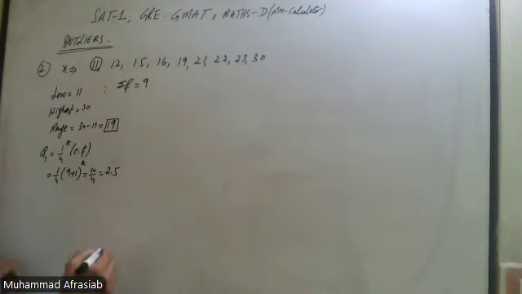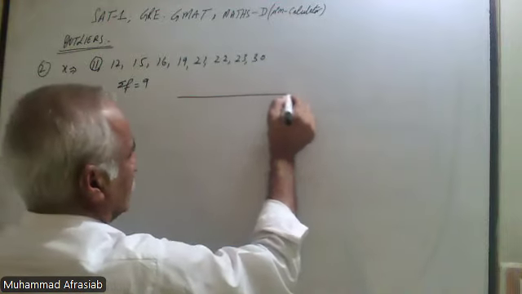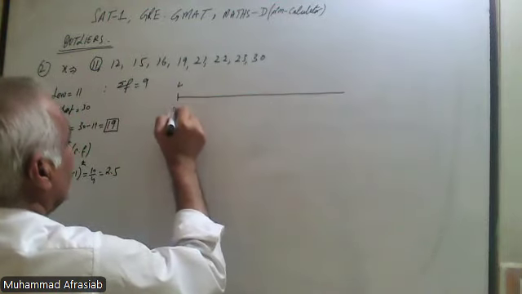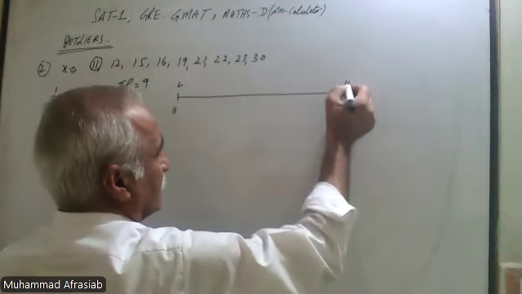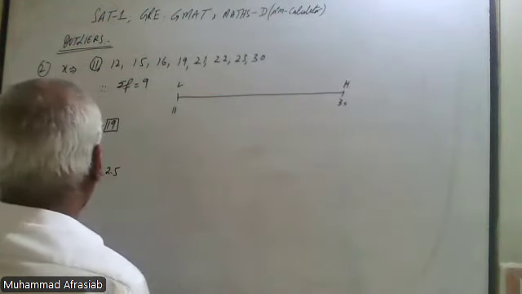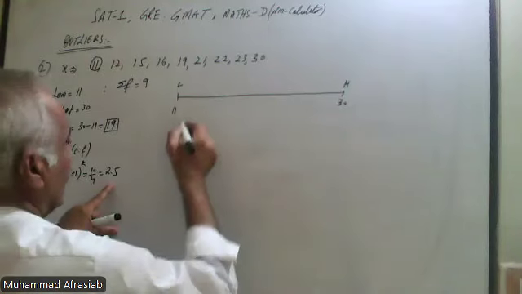Let's find out the exact values of that. The lowest value is 11 and the highest value is 30. And you are finding the lowest value to that part, that is 2.5.